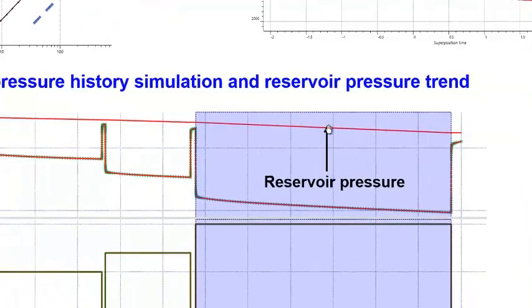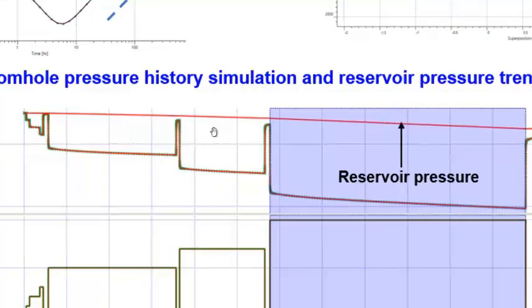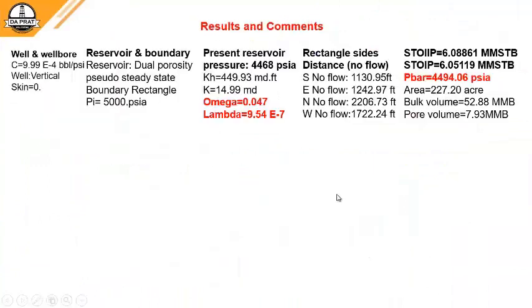Okay, as a result, we got omega, the result we were looking for, the storativity ratio, as it used to be called. It means that 4.7% of the total hydrocarbon is contained in the fractures.